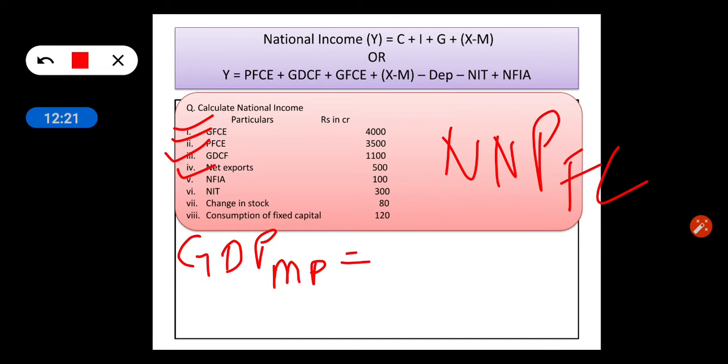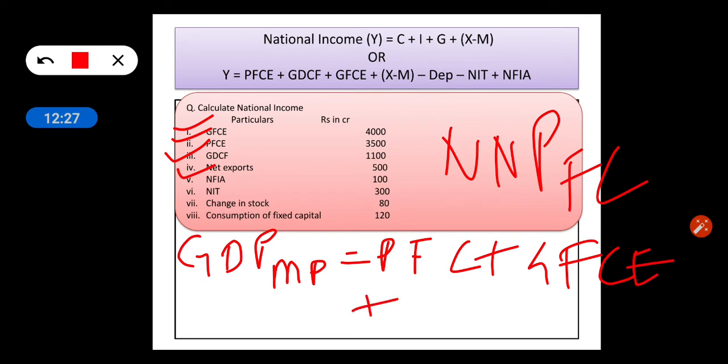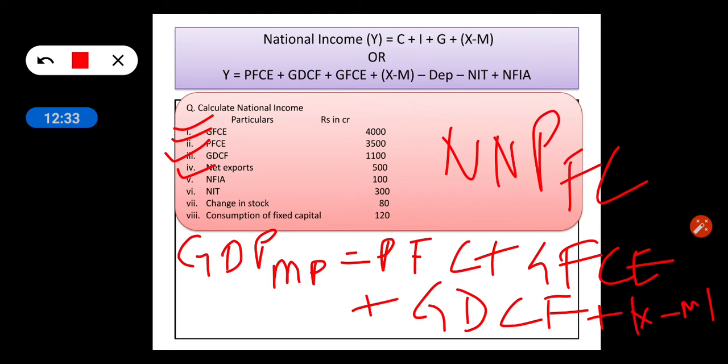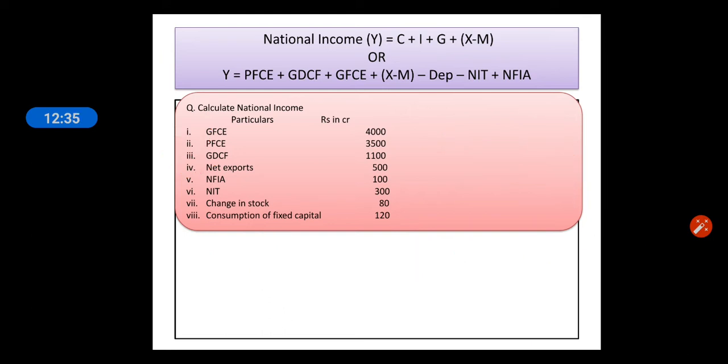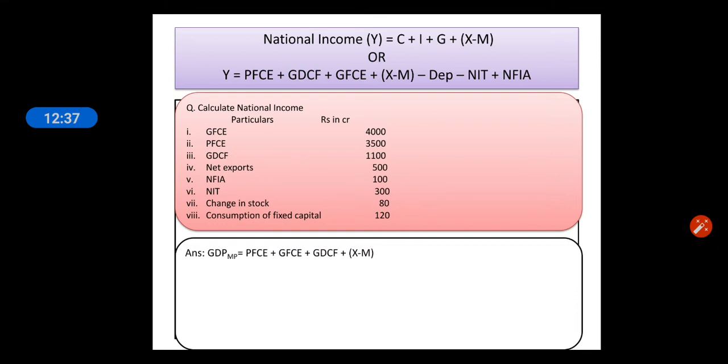The formula is PFCE plus GFCE plus GDCF plus net export. Put the values of all these expenditures and you get the answer, 9,100 crore. Your GDP at MP is 9,100 crore.